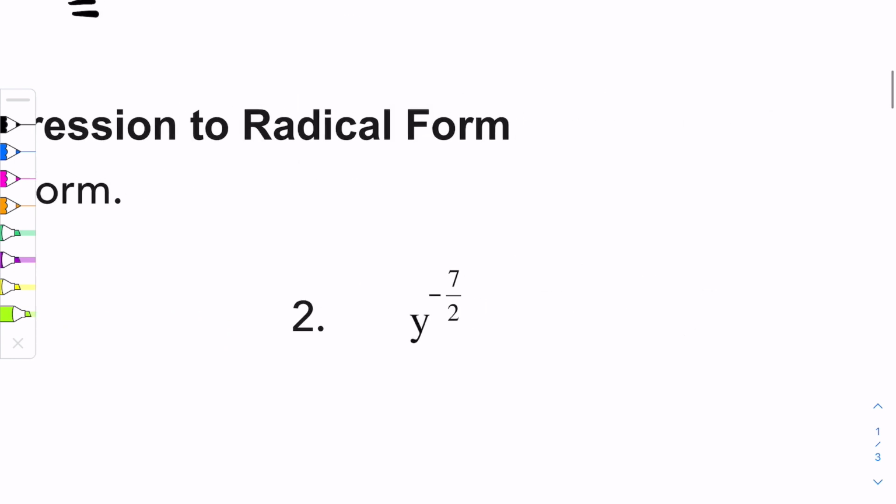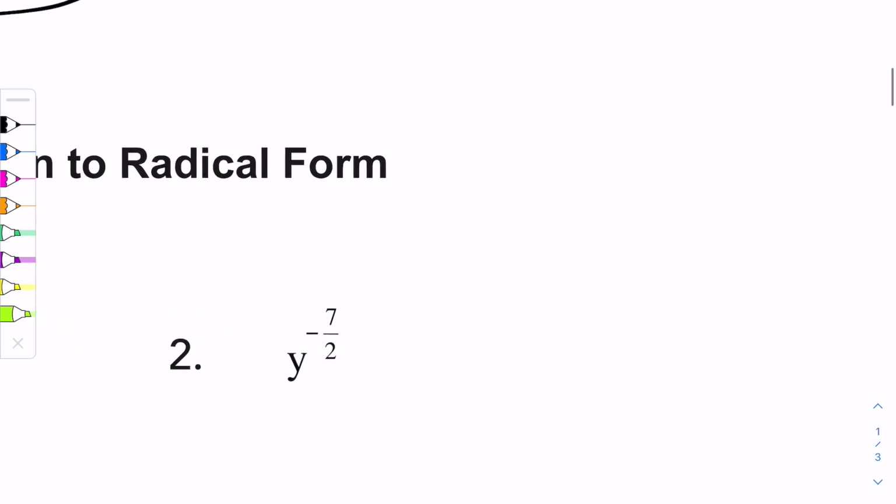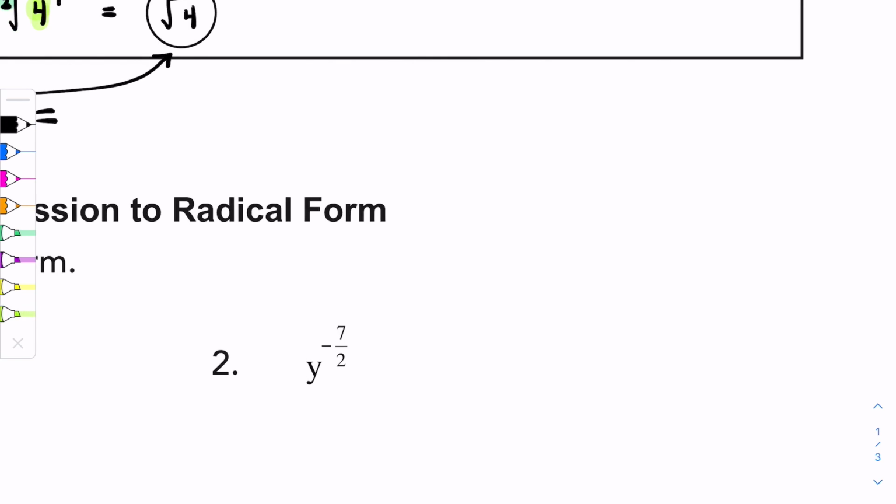Number 2 has a negative sign, and before I go over that, we actually need to review negative exponents quick. We do see negative exponents quite a bit, so I'm going to write a note and then I'll go over that with you.